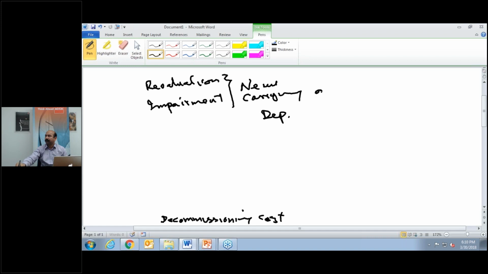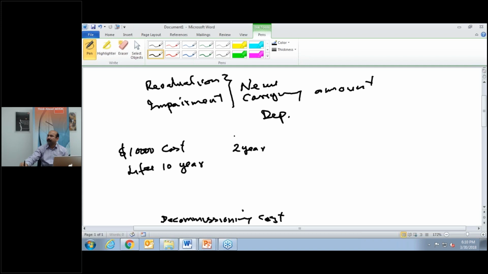This is important. What is the mistake? For example, you have a fixed asset of $10,000. This was the cost initially. It has a life of 10 years. Okay, on land we do not charge depreciation.